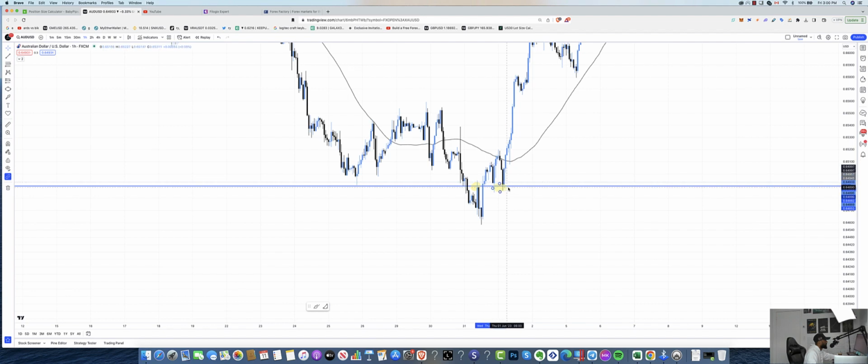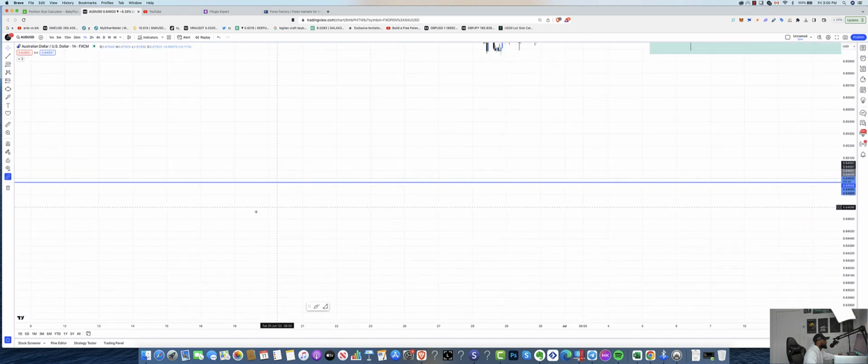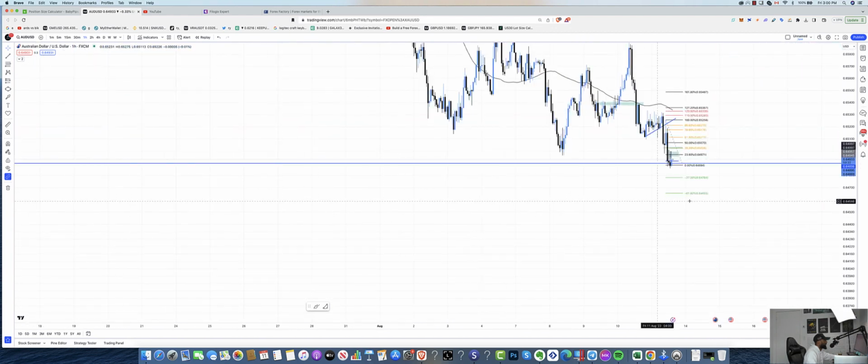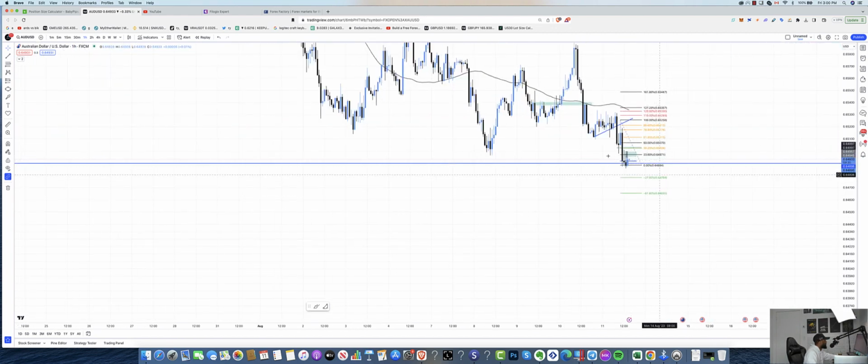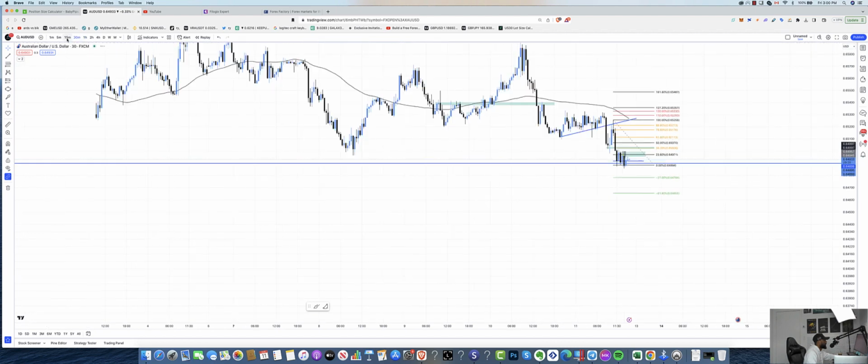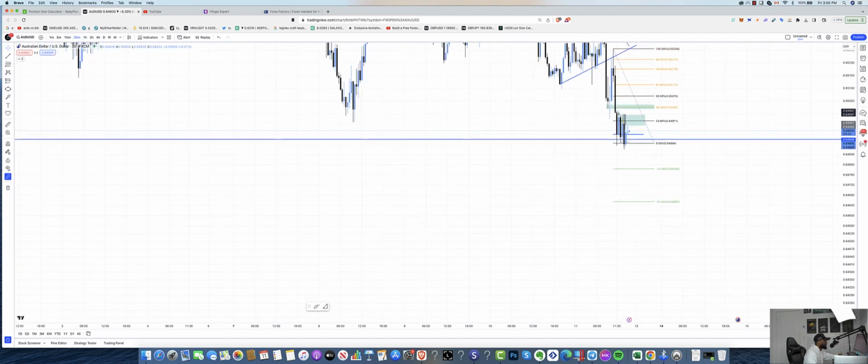Price is supported over here, right? So that's why we were monitoring this area, because there was a good chance that the price would just pull back and get supported and not continue down to this take profit area.